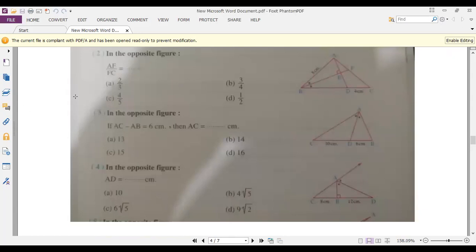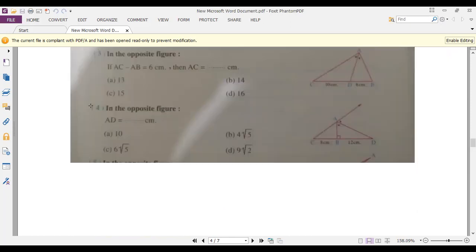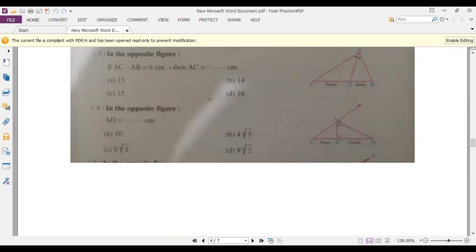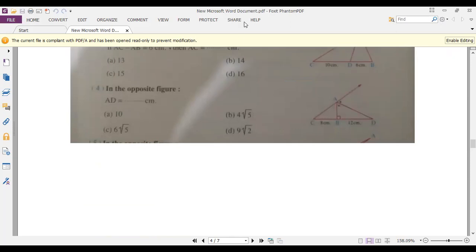Let's try this one. If we look at this triangle, it is right-angled, as you see, and this is the angle bisector. So what is the vertex?